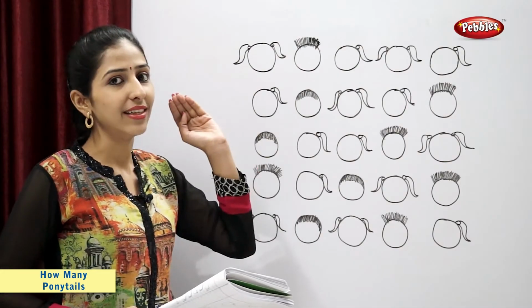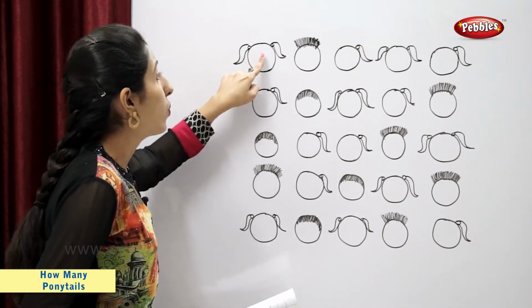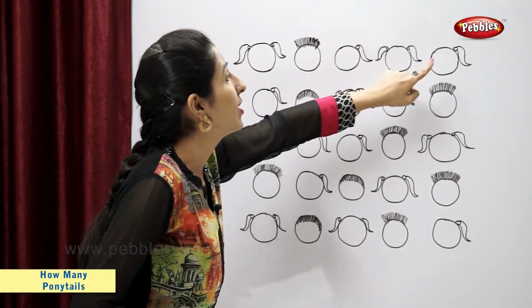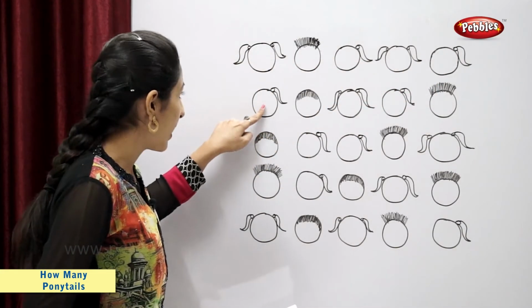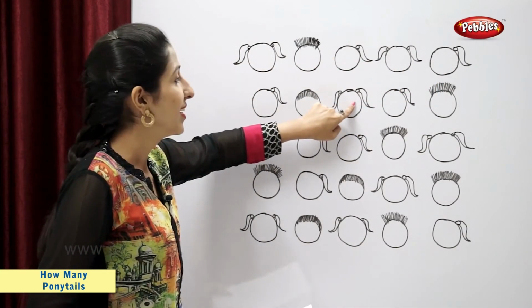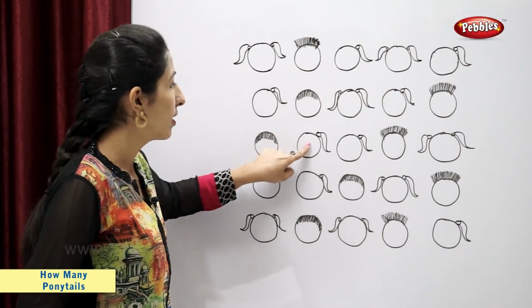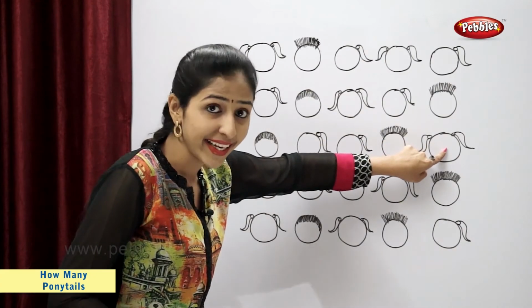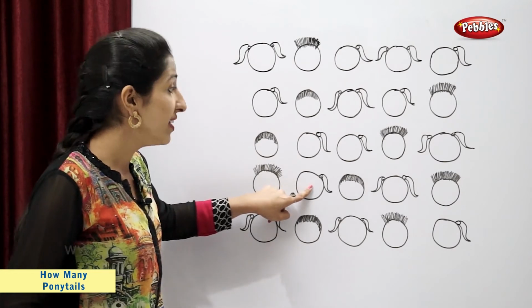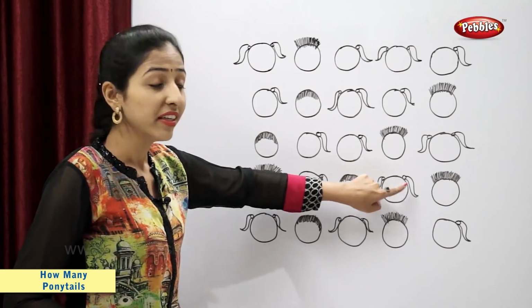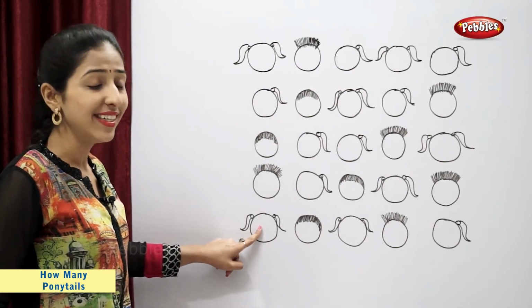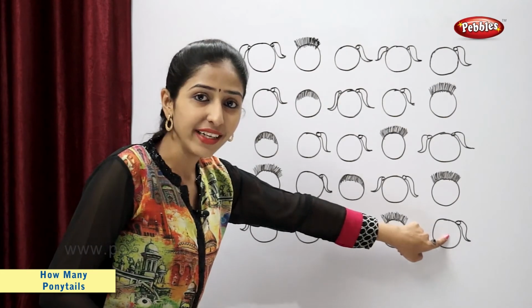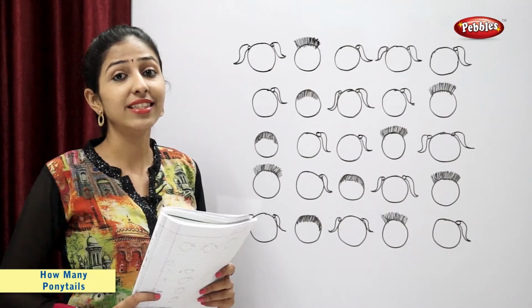Girls with ponytails. 1, 2, 3, 4, 5, 6, 7, 8, 9, 10, 11, 12, 13, 14 and 15. So, there are 15 girls in the class.